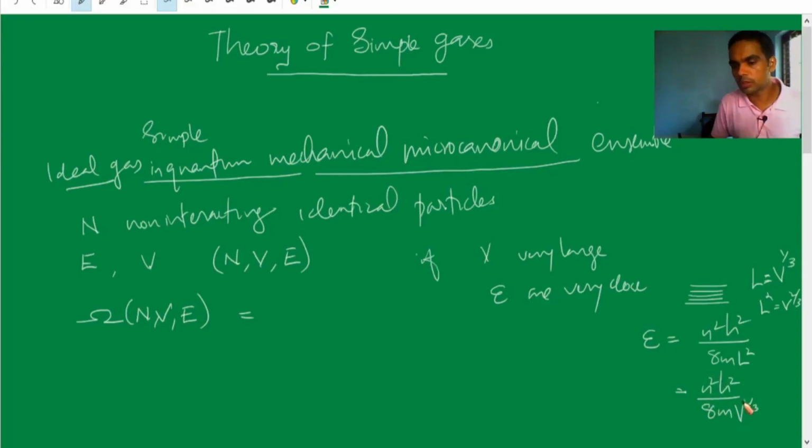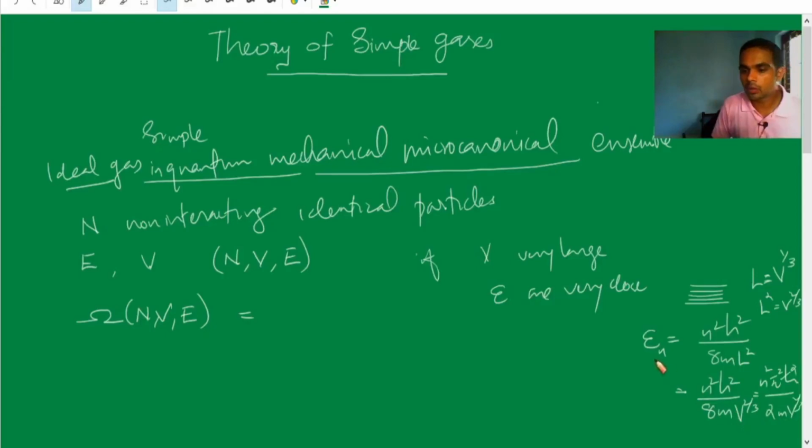Here n is the order of the state, h is the Planck constant, m is the mass of the particle, and V is the volume of the box. Or we can also write n squared pi squared h cross squared by 2 m V raised to 2 by 3.